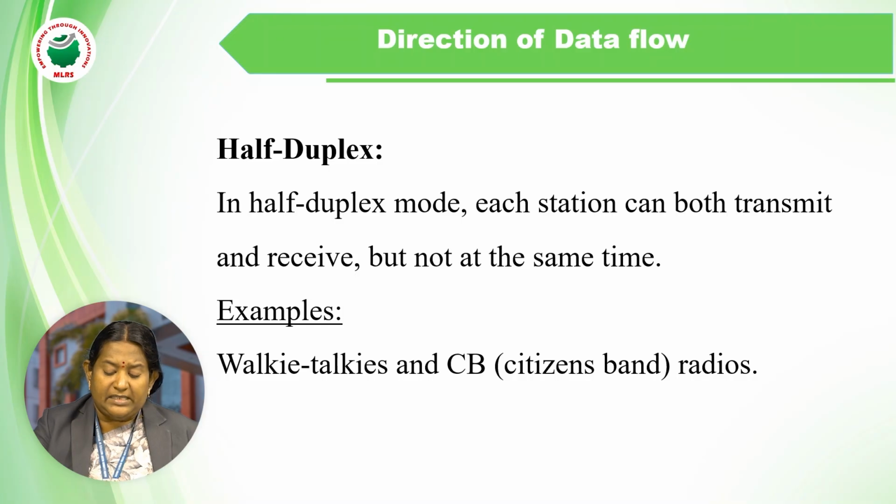Examples: walkie talkies and citizen band radios. Everyone has an idea about what a walkie talkie is, and most of the time we have seen this with cops. One will communicate in the walkie talkie first, and after the message has been received, the other person can have access to communicate.